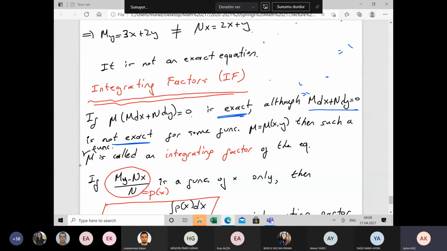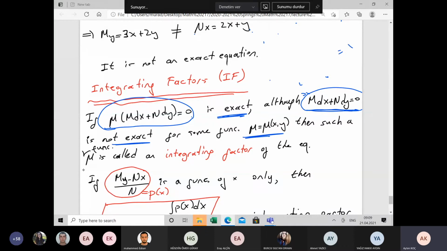The new equation multiplied by mu is exact, but M dx plus N dy is not exact, for some function mu. Such a function mu is called an integrating factor of the equation.